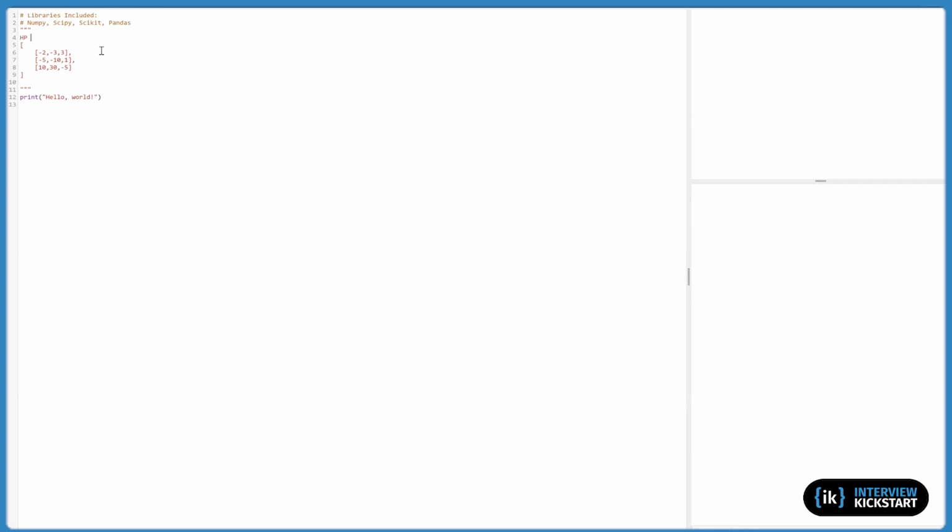So I want to know the minimum amount of health to start at the top left corner and travel to the bottom right corner so that my health never goes below 1.